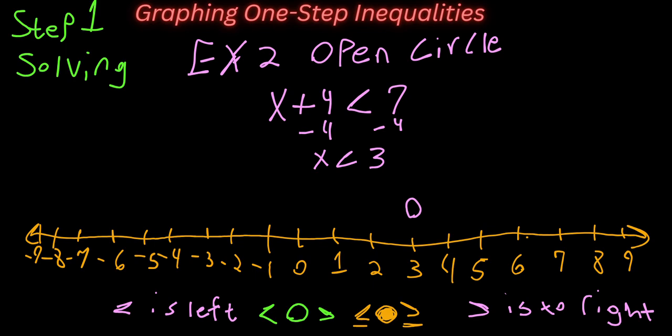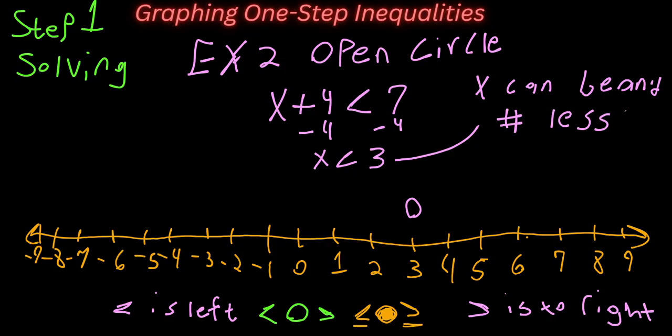And when we have less than, which direction do we cover? So this means x can be any number less than 3. That's just what that means. Less than 3.